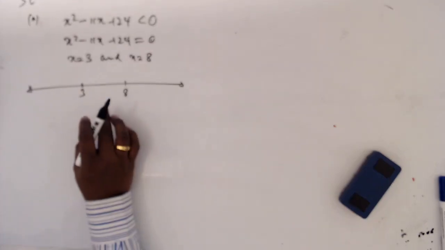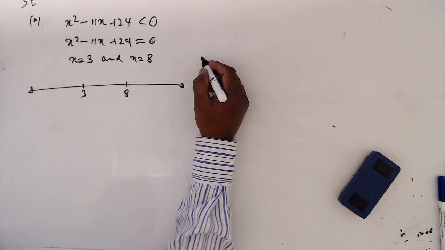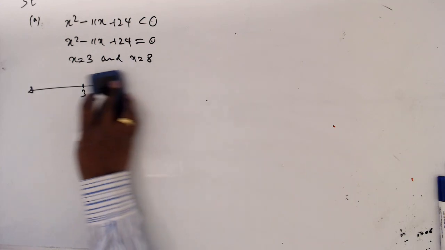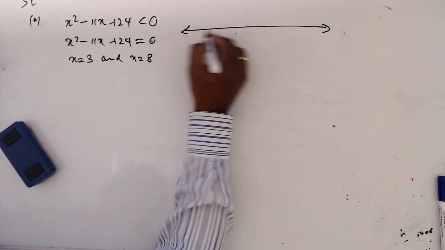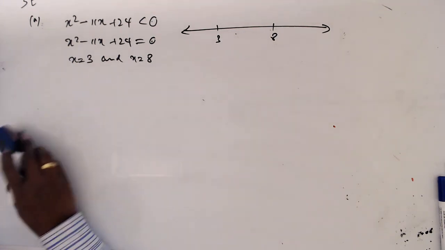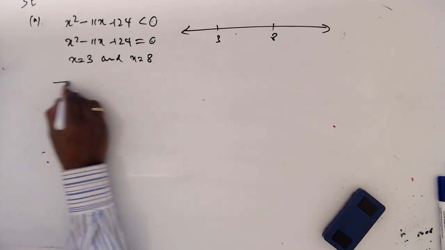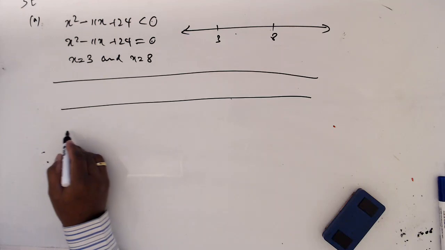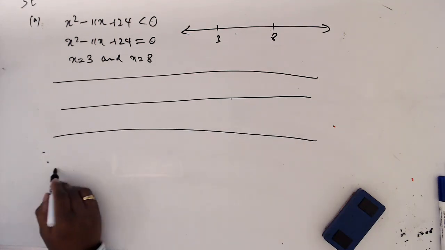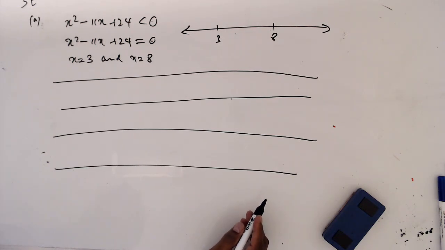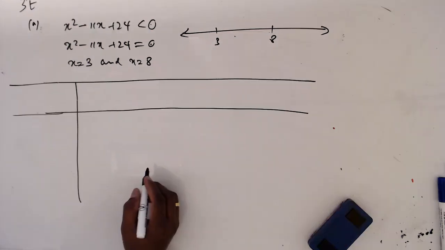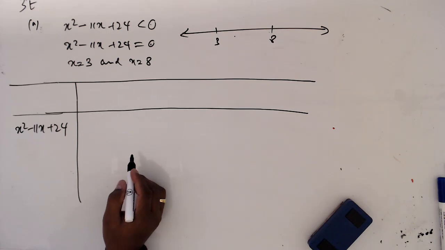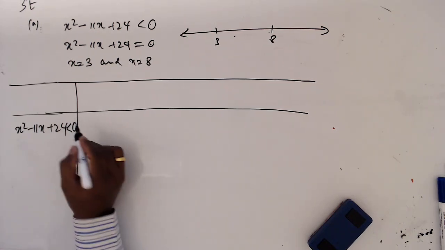Now we are going to draw a table, with 3 and 8, and the expression x square minus 11x plus 24 less than 0.